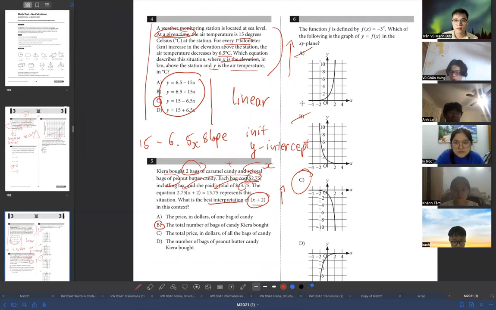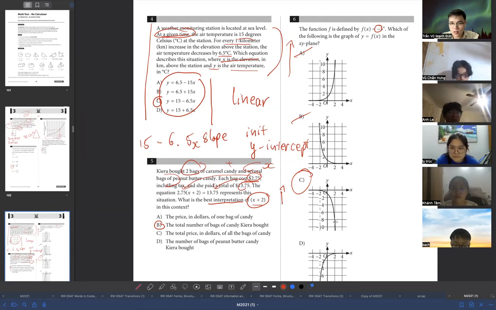And I also try that. What else? The graph will go down. The graph goes down because of the minus sign here, right? If you say that the graph goes down, the only one that goes down is C. But there's also another way: you can plug in a value for x.